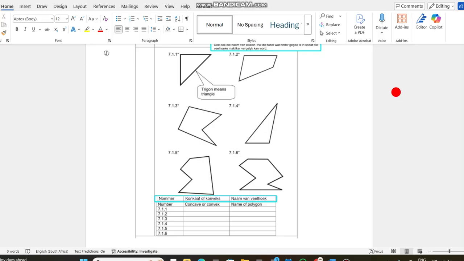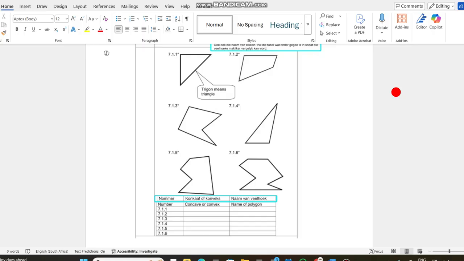Right, so number 1 is convex. It's a trigon. 2, convex. It's 4 angles, which is a tetragon. 3 is concave.